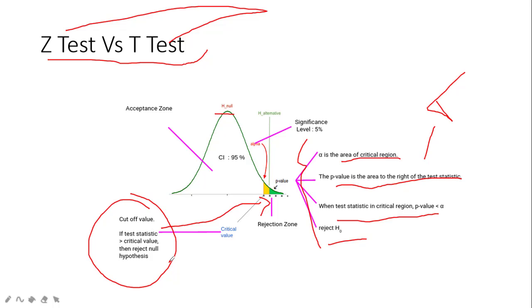Going with the basic definitions, the z-test is a kind of hypothesis test that tells whether the averages of two data sets differ from each other when the standard deviation or variance is given. The t-test is a kind of parametric test that determines how the averages of two sets differ from each other. Comparing population variance: in the z-test the variance or standard deviation is known, while in the t-test it is unknown.